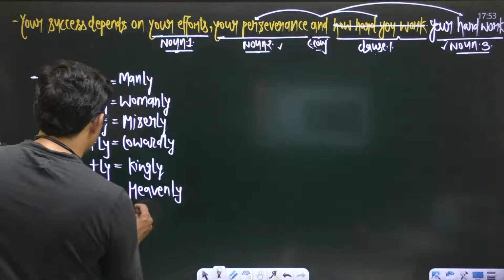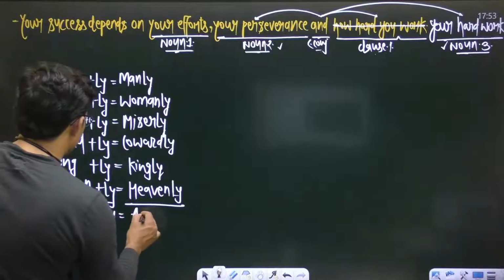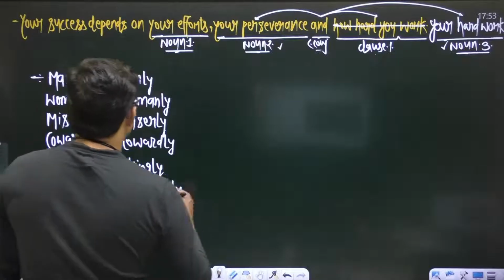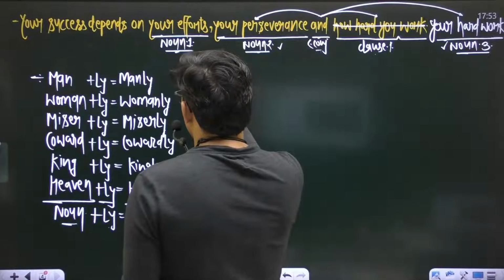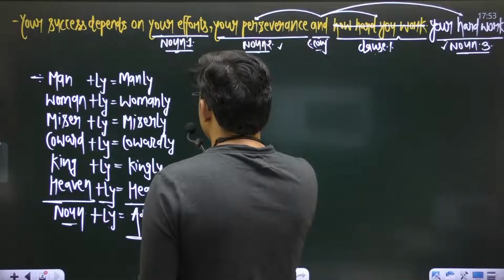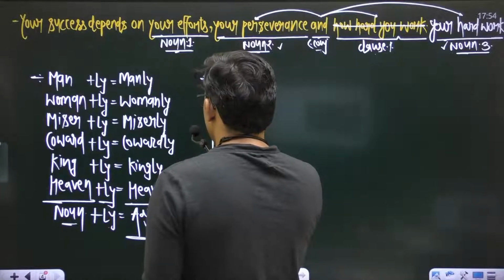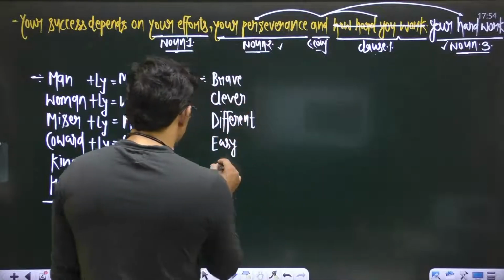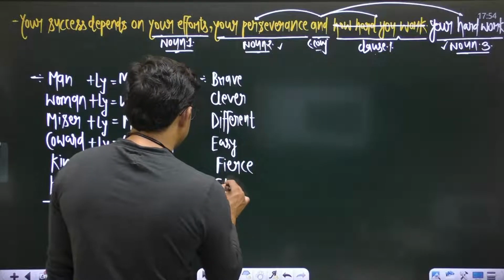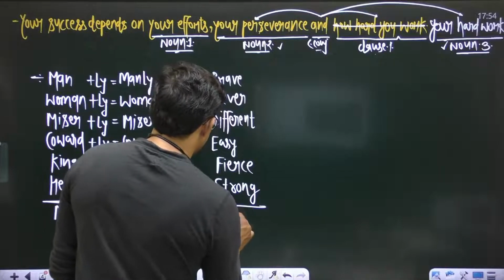Make sure that after adding ly with a noun, the word becomes an adjective. And we have some other words also, like brave, clever, different, easy, fierce, strong, honest. All these words are adjective in nature.